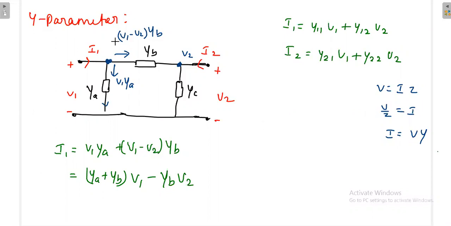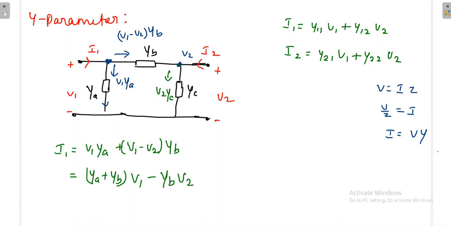Similarly, you apply the Kirchhoff current law at this node. This is the current entering. Then what is the current leaving here? The current leaving here is V2 multiplied with yc. Already we know the current in this branch. So this current is entering, this is leaving.